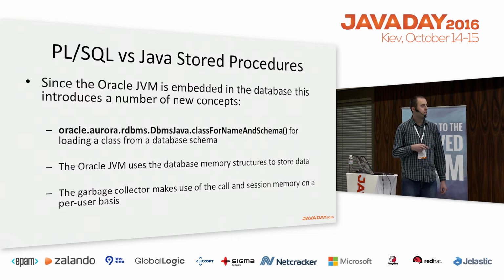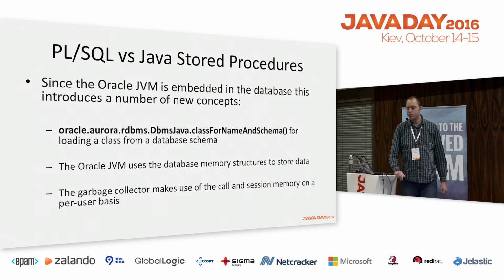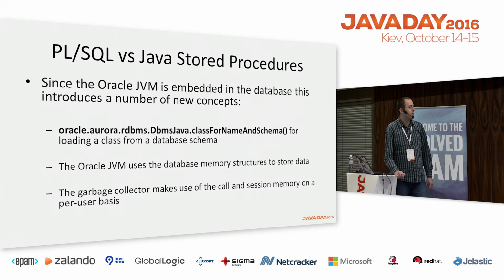Also, the Oracle JVM uses the database memory structures to store any data that the Java stored procedure needs to store. There is the notion of the so-called system global area and program global area inside Oracle database. And there is a Java cache specifically in the Oracle memory structures that allows you to store memory inside the running database instance from your Java stored procedures.